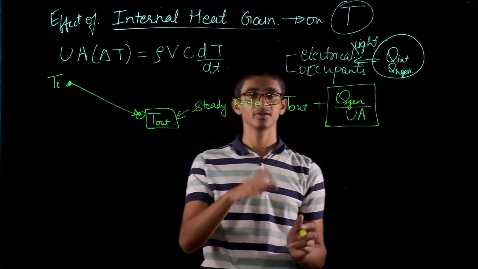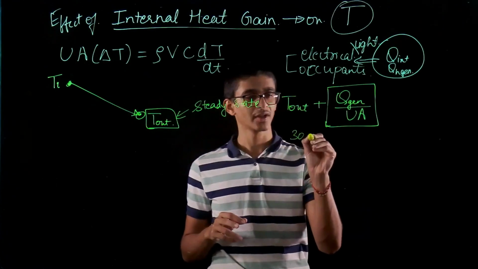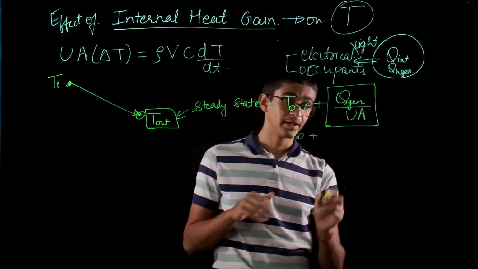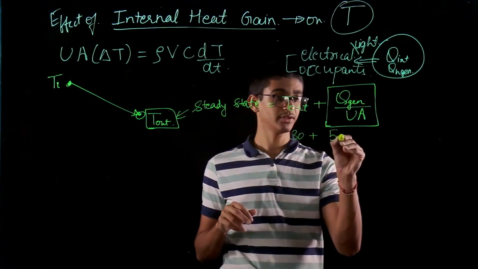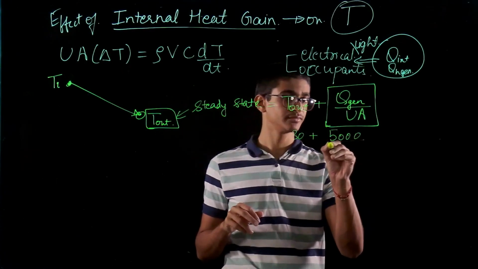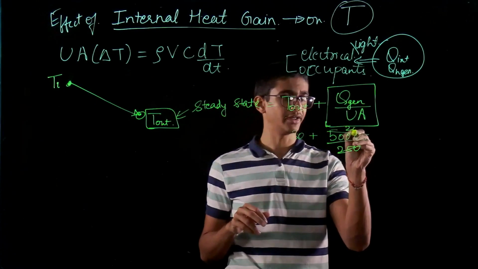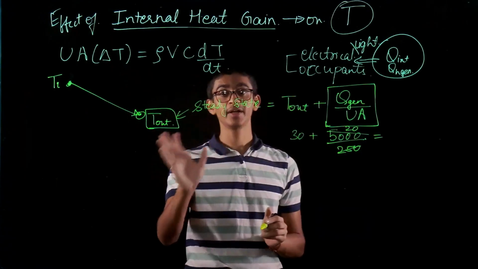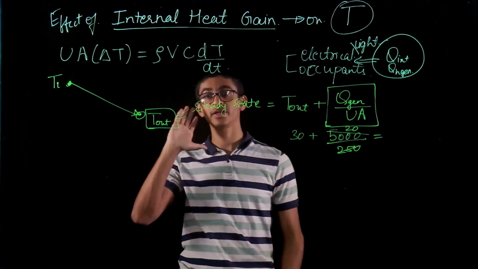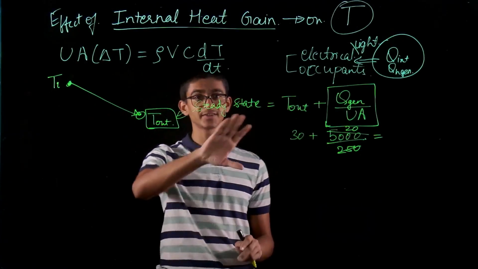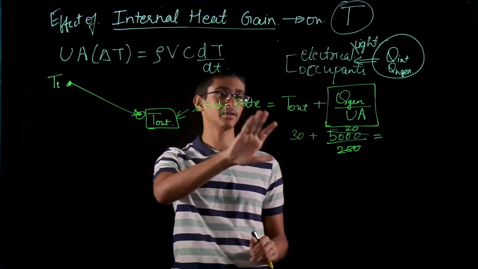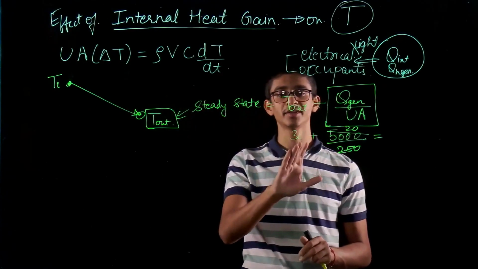So if my outside temperature was 30 and there is some internal heat gain of, let's say, 5000, and my UA value is 250, then this will be 20. And earlier, if we wait for infinite time, that's the steady state temperature, then at infinite time my temperature will be 30.